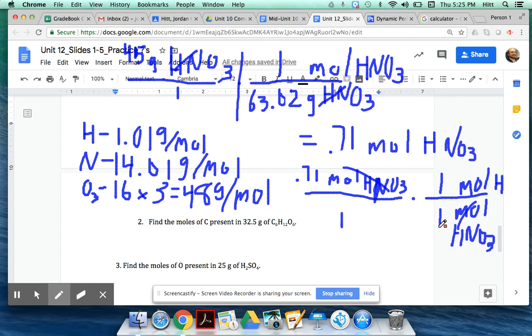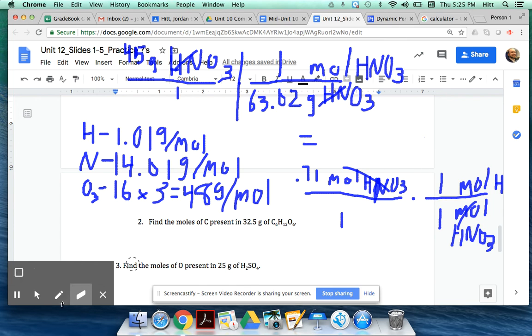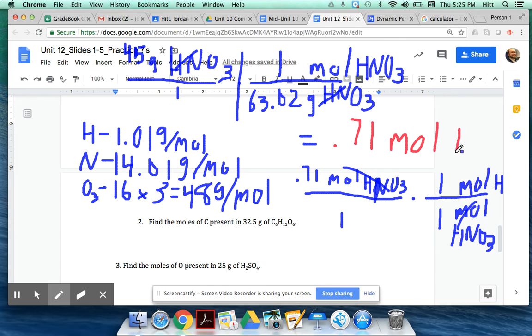There's 1 for 1, which means it's the same answer. So technically I can go back up here and say my answer for this whole problem, I'll make this in red, is 0.71 moles of hydrogen. And that is it. If I box it in, that's my answer, the 0.71 moles of H.